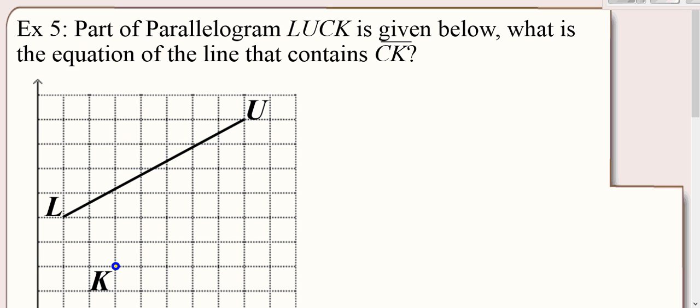So here we've got one side and then another point. It's going to be part of that parallelogram. That point's going to be a vertex. So here's one side. That's going to be another side. And we've got to find out where C is going to belong. C is going to be over here somewhere.